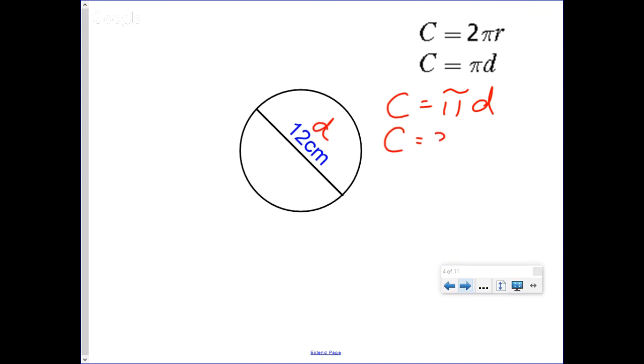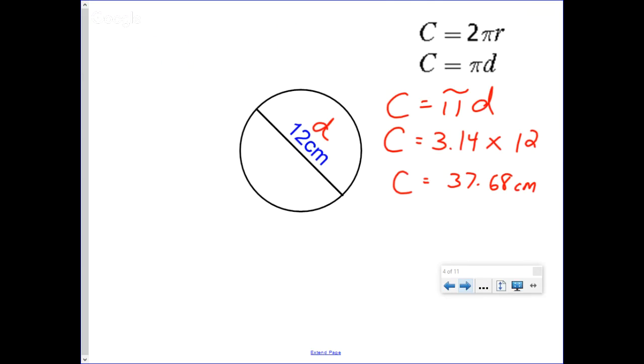What is pi? 3.14 times, what is the diameter given in this circle? 12 centimeters. And when we calculate that on our calculator, we will get an answer of 37 and 68/100 centimeters. That is the distance around this circle.